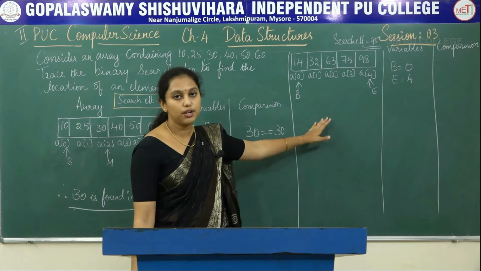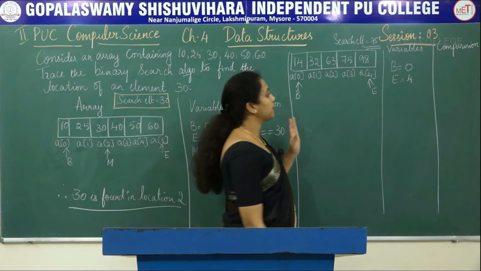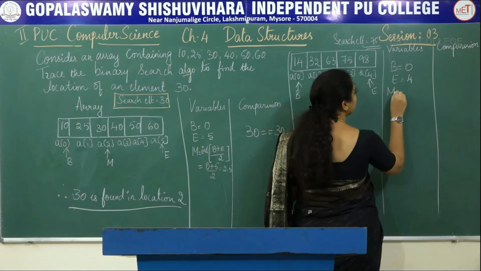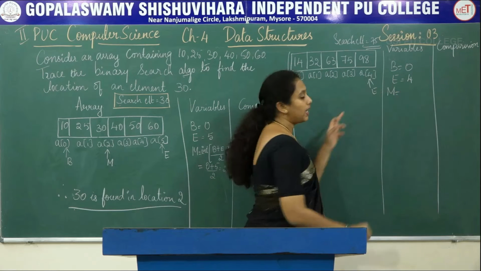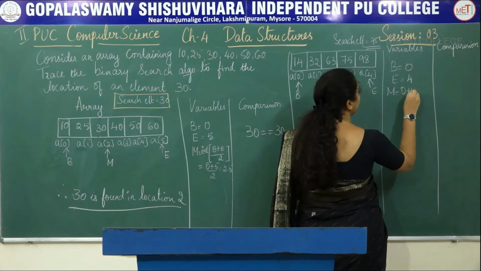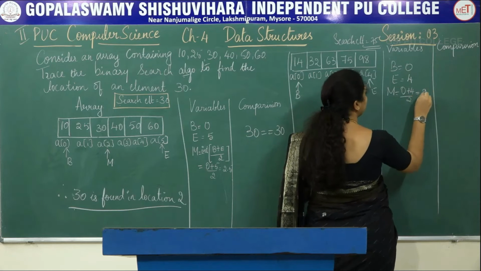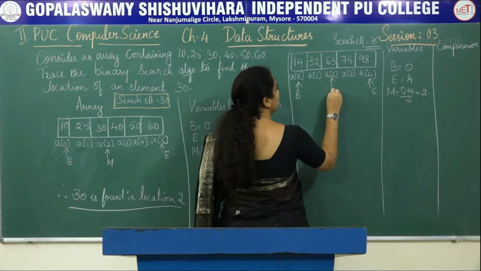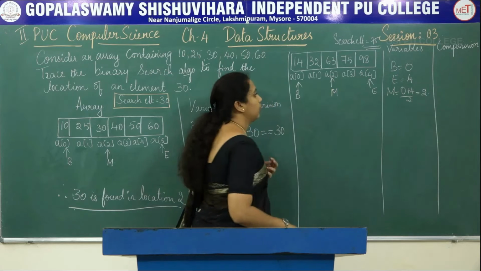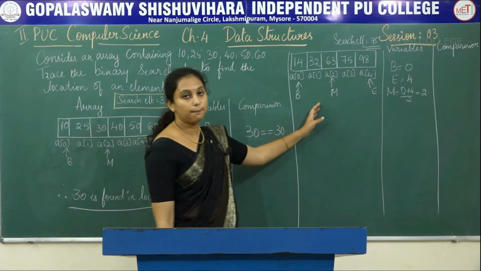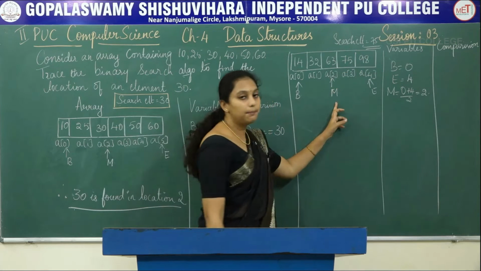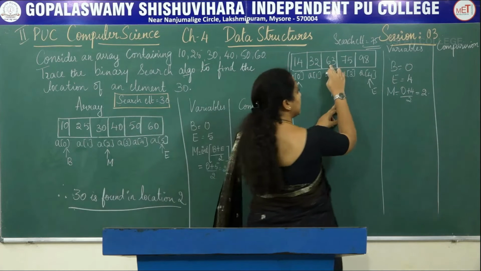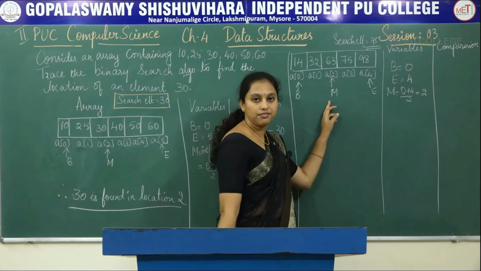Then what we have to do? We have to find out the middle element of an array. How to find? M is equal to (0 plus 4) by 2, which is nothing but 2. So location 2 is the middle element. Now we have to compare the search element with the middle element. Is 63 equal to 75?